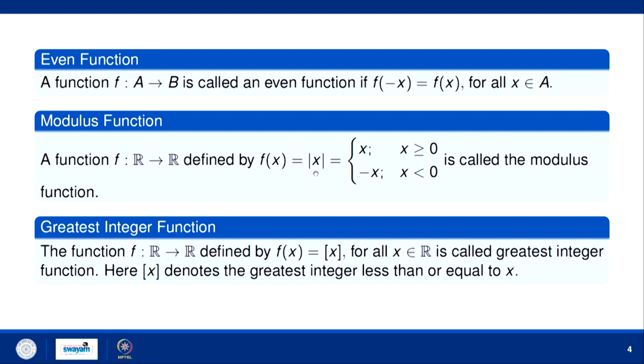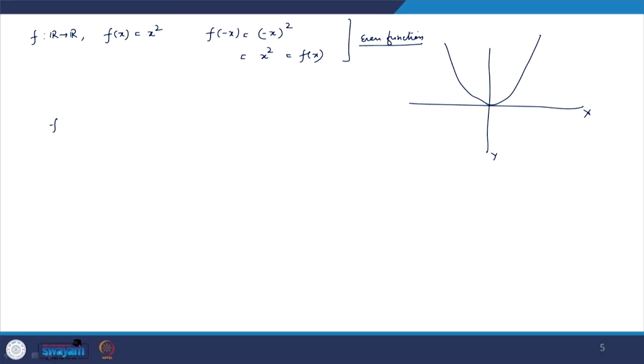So, is the modulus function an even function or an odd function? It is an even function. You can simply see that if you replace x by minus x in this definition, then mod of minus x will be mod of x. And what is the graph of this function? If you take the modulus function f from R to R, which is f x equal to mod x, that means it is x when x is greater than or equal to 0 and minus x when x is less than 0.